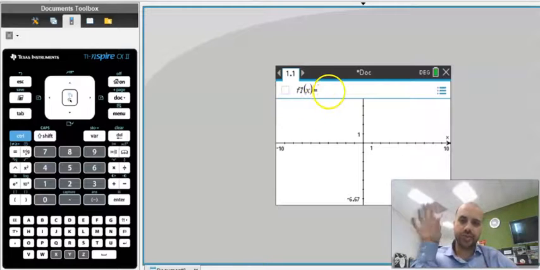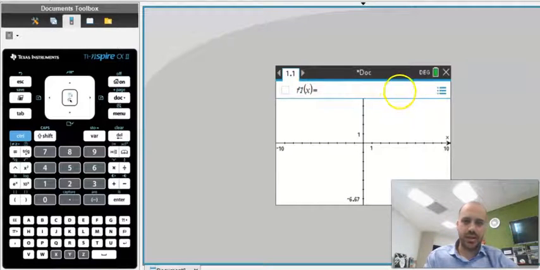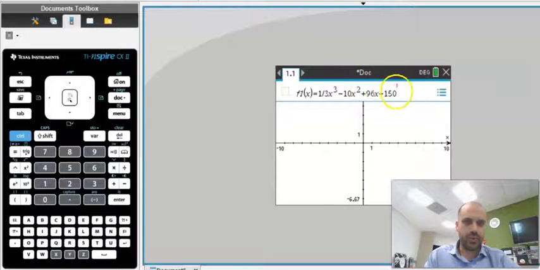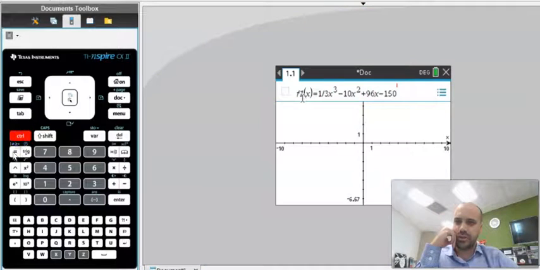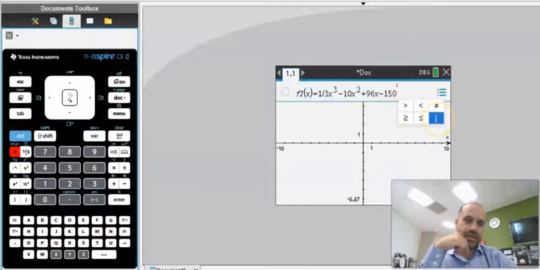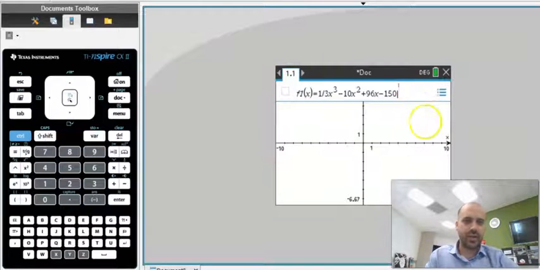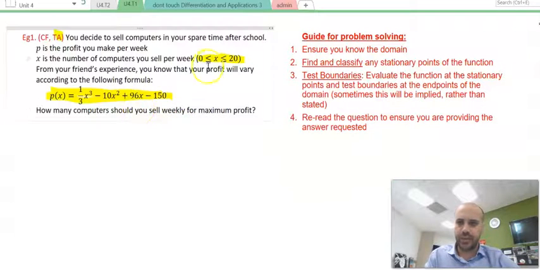If you don't know how to restrict your domain on your calculator, here's how we're going to do it. First, we type in the equation that we want. Now, when you want to restrict the domain, you go control, this equal sign here, and you use this such that button here. Now let's look at how I want to restrict my domain. We want x to be between 0 and 20, including 0 and 20.